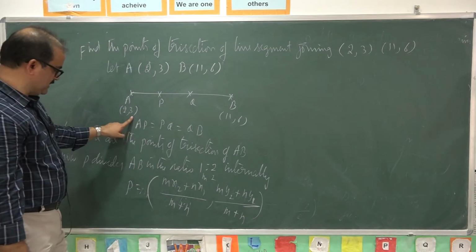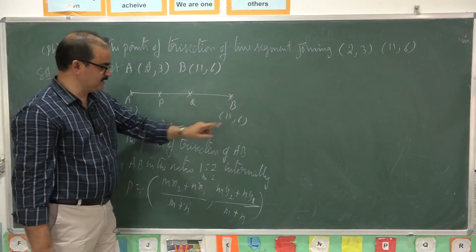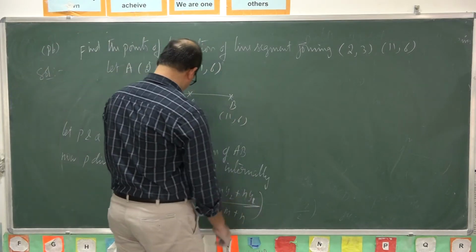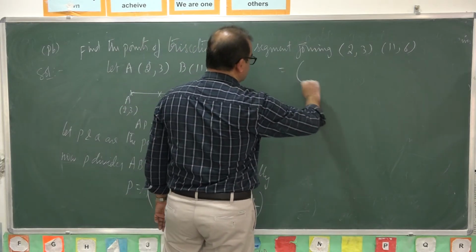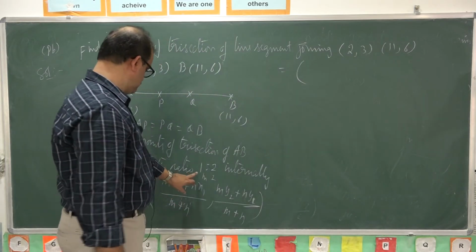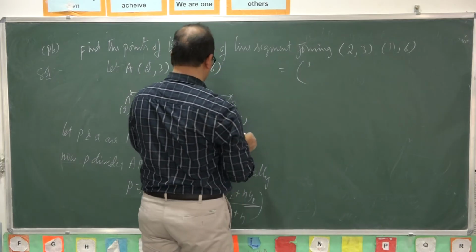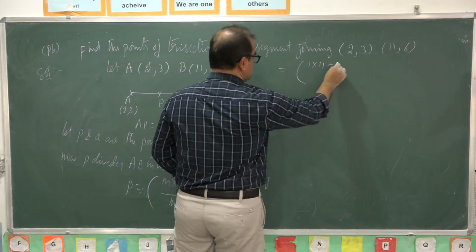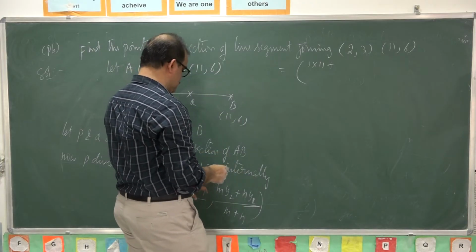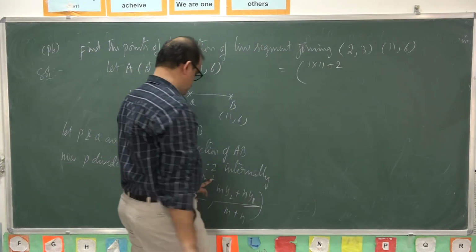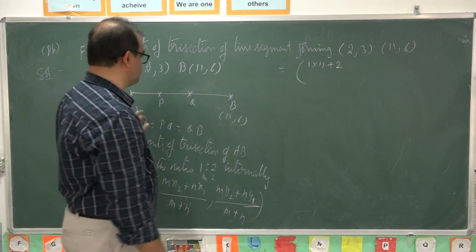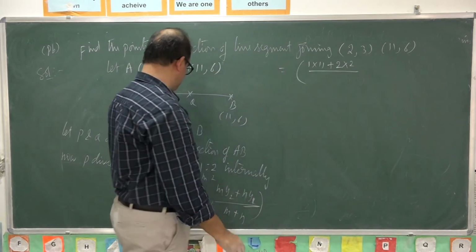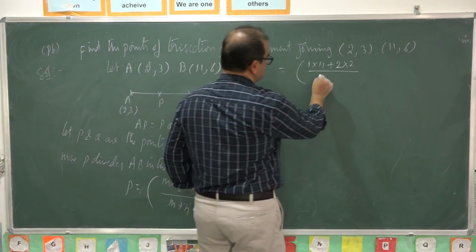A is taken as (x1, y1) and B is (11, 6). Therefore, P is equal to, for the x coordinate, m into x2, 1 into 11, plus n into x1, 2 into 2, by m plus n, 1 plus 2.